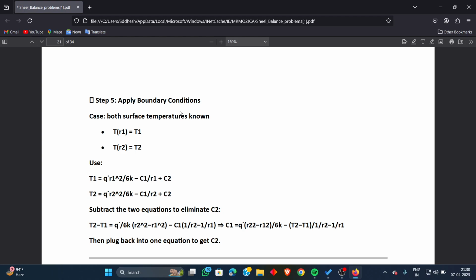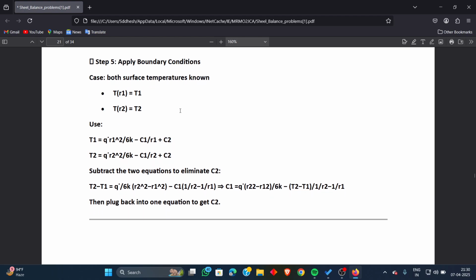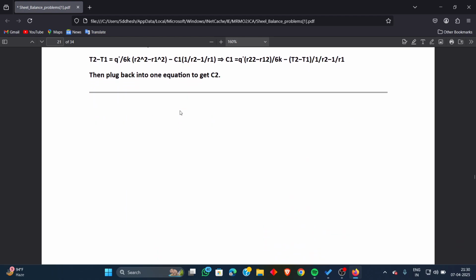Subtract the two equations to eliminate C2. T2 minus T1 is equal to q dot by 6K into (R2 square minus R1 square) minus C1 (1 by R2 minus 1 by R1). So C1 is equal to q dot (R2 square minus R1 square) by 6K minus (T2 minus T1) upon (1 by R2 minus 1 by R1). Then plug back into one equation to get C2.